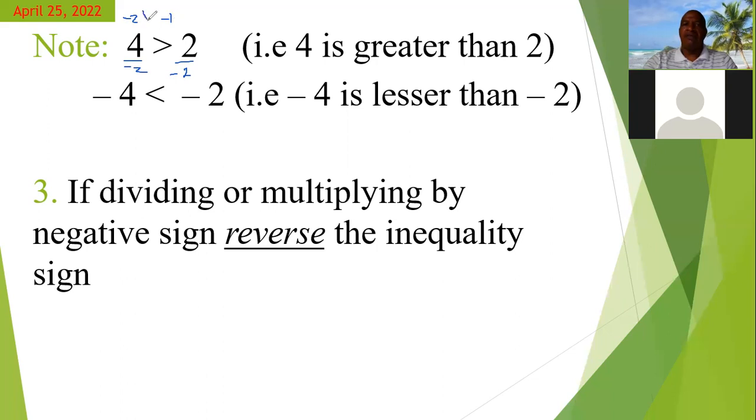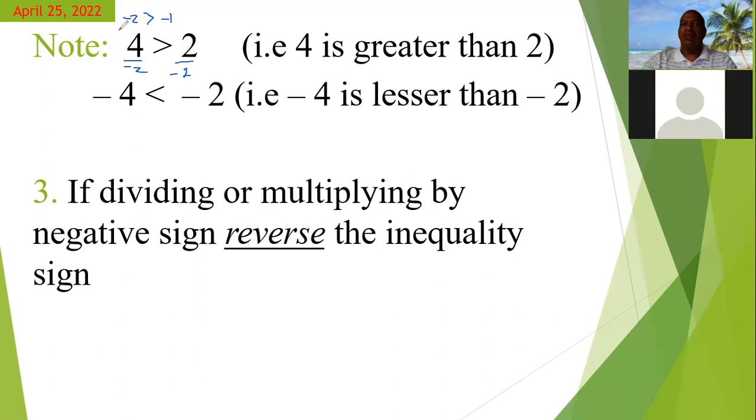Now, if the inequality symbol remains the same, we have to see whether or not that statement is really true. So the question is, is -2 greater than -1? Is that true? No, sir.